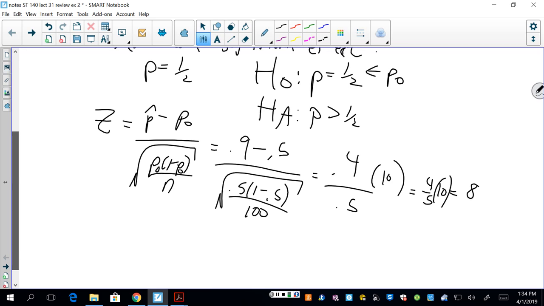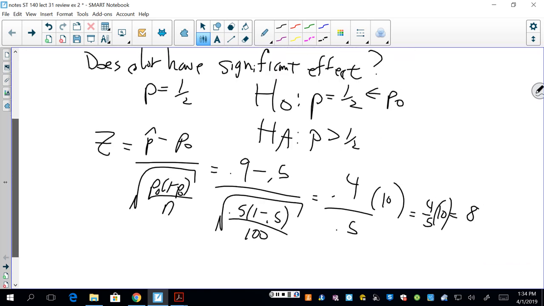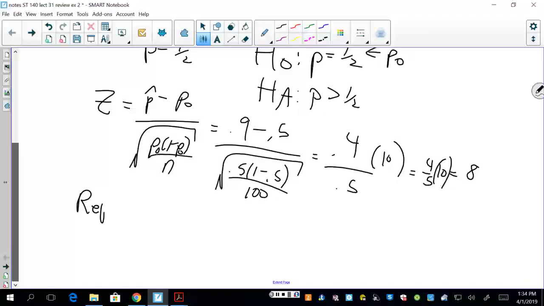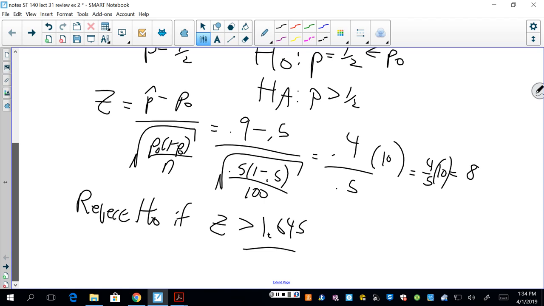And if we're doing a 5% test, alpha equal 0.05, significance level, we're going to reject H0 if our statistic is greater than 1.96, or if we do it one-sided, right, then it's about 1.645 for a one-sided level at 5% significance.